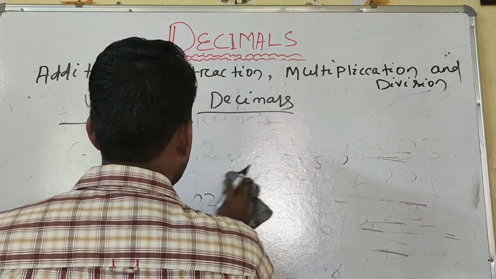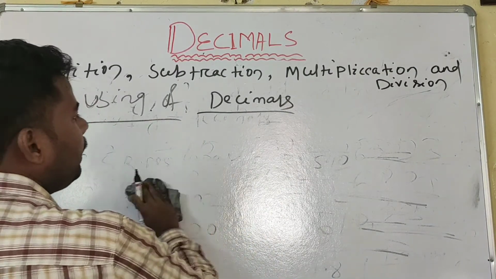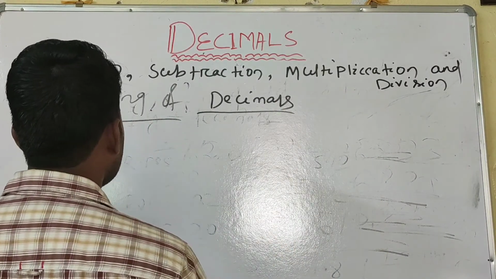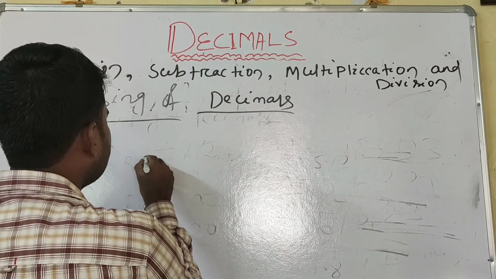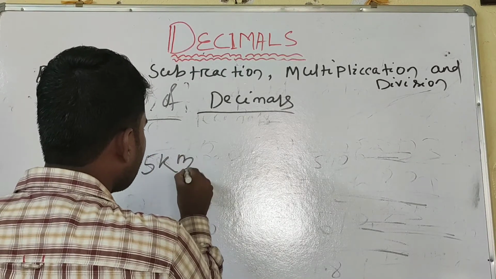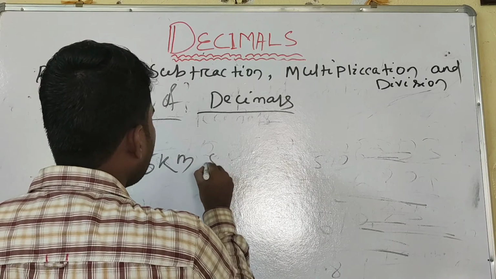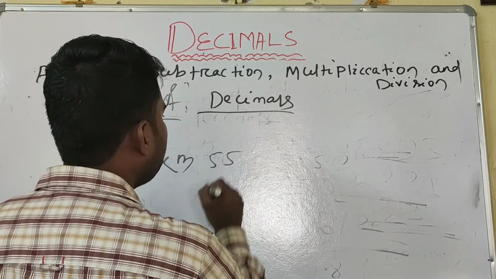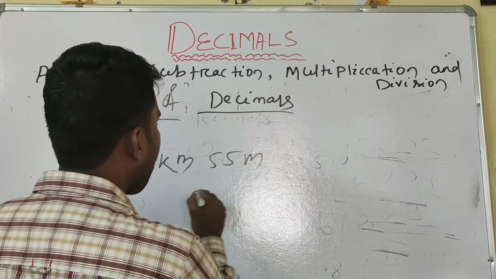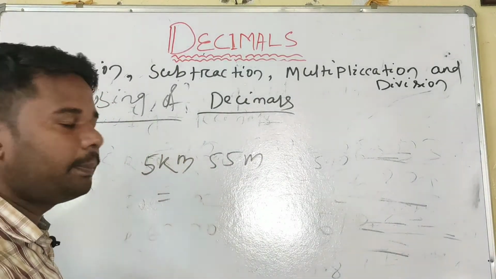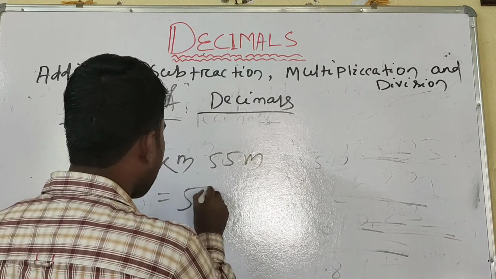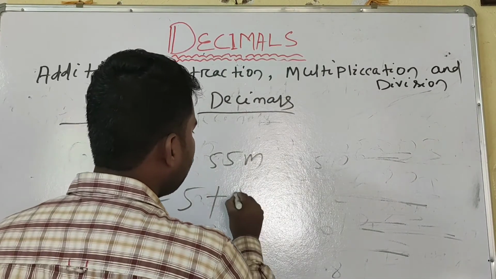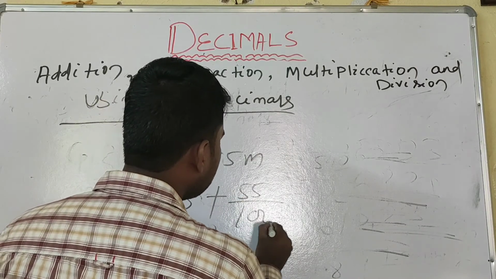Now we will convert length. Let's see how to convert length to decimal. Suppose we write 5 kilometer 55 meter. How will we convert it into decimal? 5 kilometer means 5, plus 55 meter means 55 upon 1000.